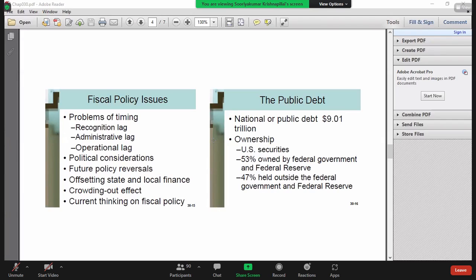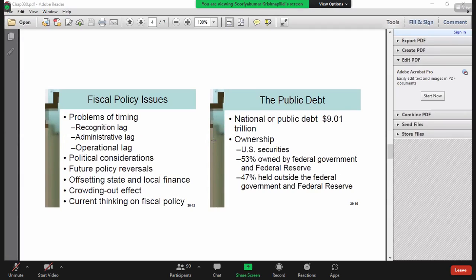So many fiscal policies involve political considerations. The party wants to be elected, so before the election they introduce some fiscal policy. But after being re-elected, they reverse it.